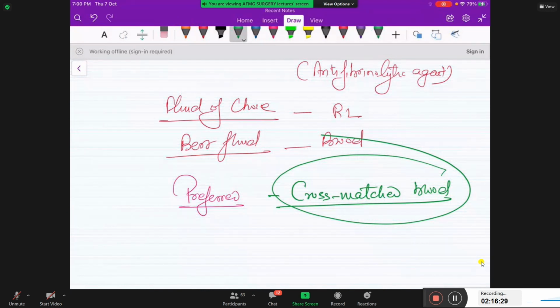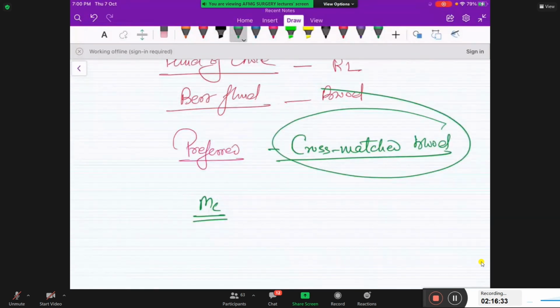So what do we do? If a question asks, what is the most commonly given blood in a trauma resuscitation? It is O negative. We give O negative blood, right? If cross match is not there, then only we give O negative. And most of the time, since it is not there, our answer for trauma resuscitation for blood, if asked, will be O negative.